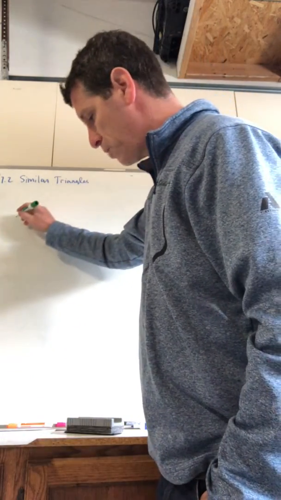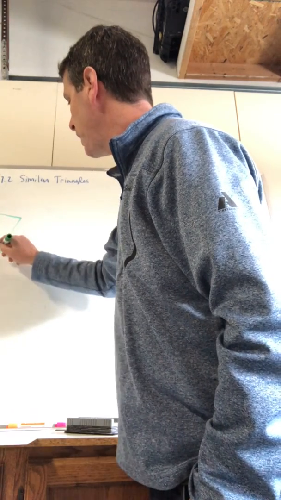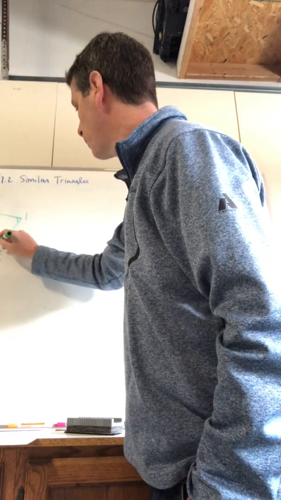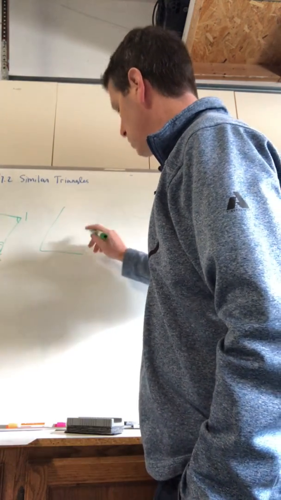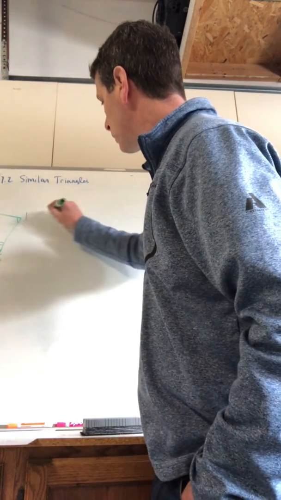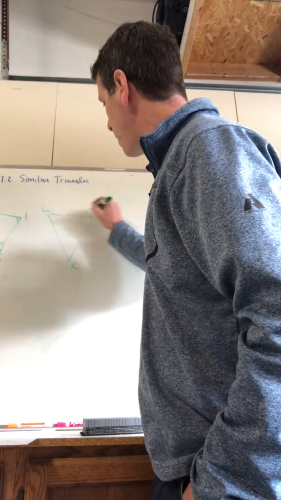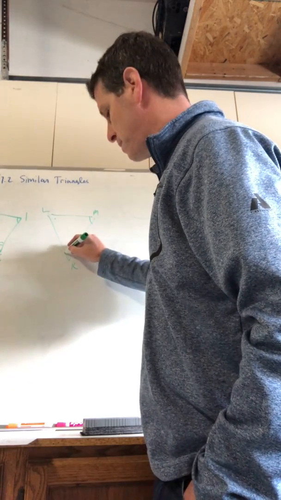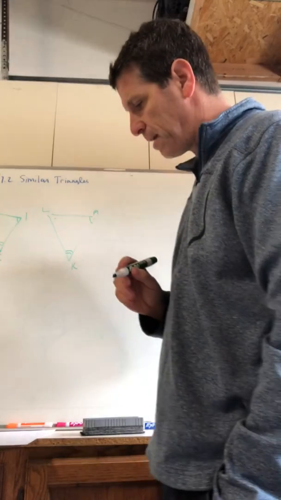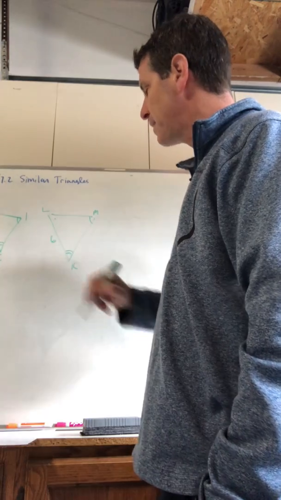So, 2 triangles here. Let's do H, G, and I. And K, L, and M. I'm indicating that they are similar triangles because the angles are all the same. I know this side length is 4 and this side length is 6.